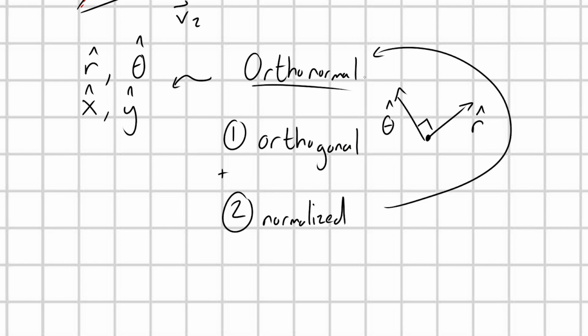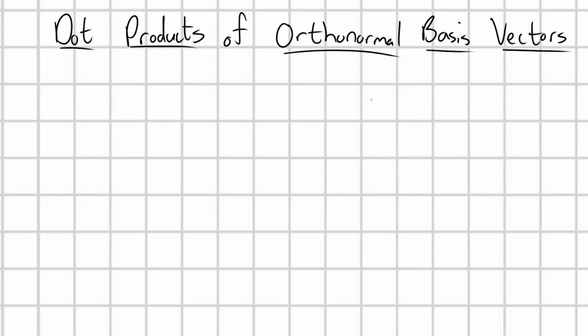The point I'm emphasizing here is that while yes, you can have basis vectors that are not necessarily orthogonal or normalized, it's just not very practical to work with those basis vectors in physics. It's for that reason that we're now going to talk about dot products of specifically orthonormal basis vectors. That's going to be very helpful for us.